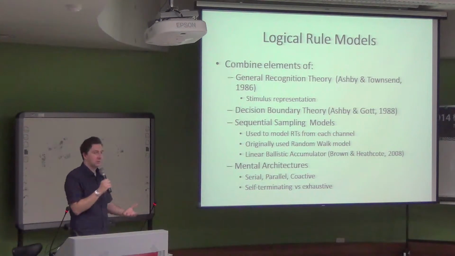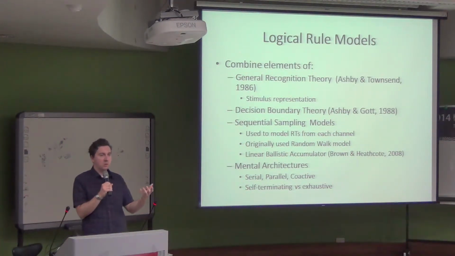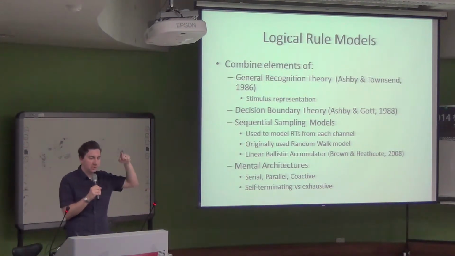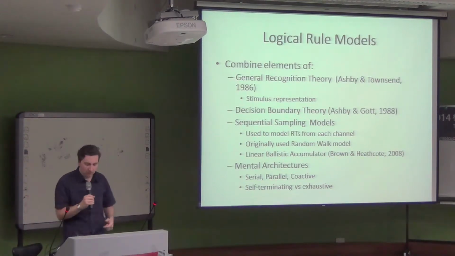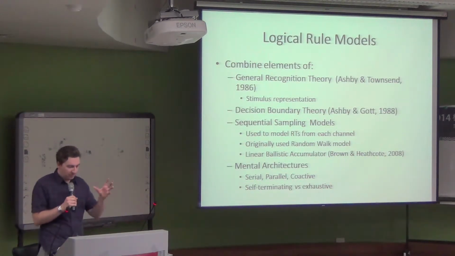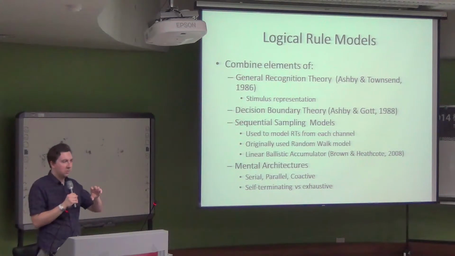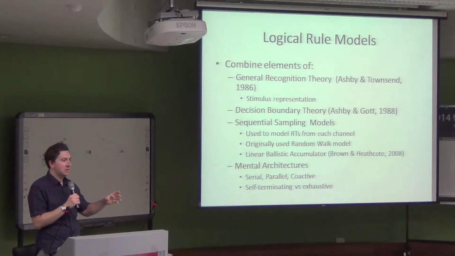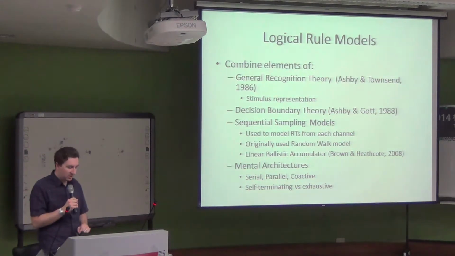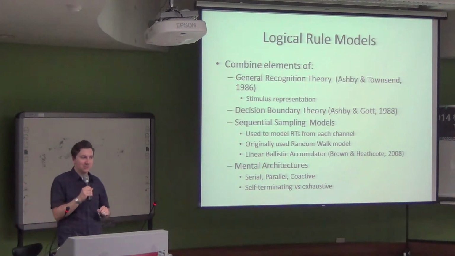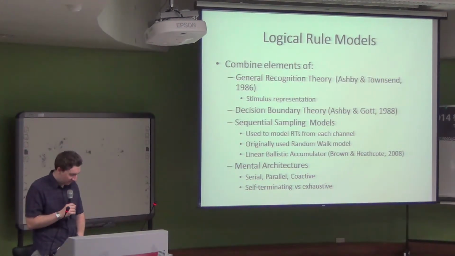The random walk model is a discrete response time model, so time is in discrete steps, whereas the linear ballistic accumulator is a continuous response time model. The similarities between these two models probably outweigh their differences in many cases, and you can get away with using either one. I'm going to use the linear ballistic accumulator because it's a little bit faster to simulate from in R.